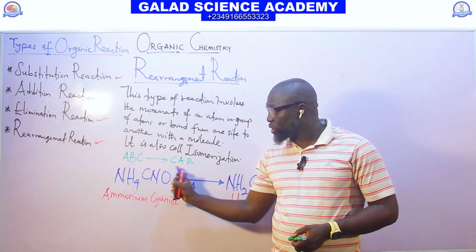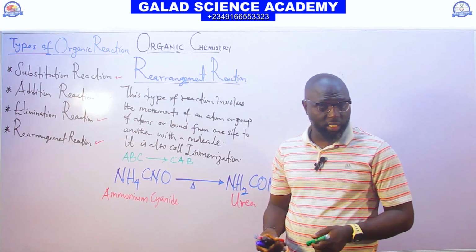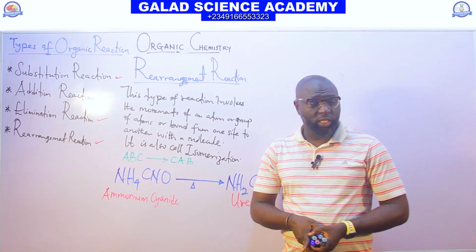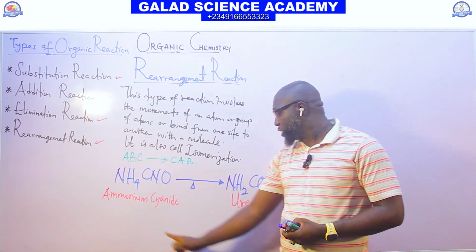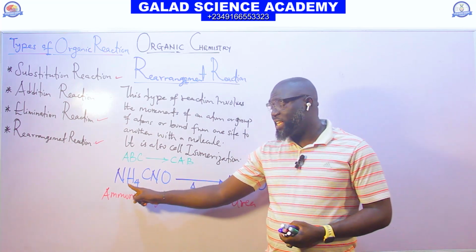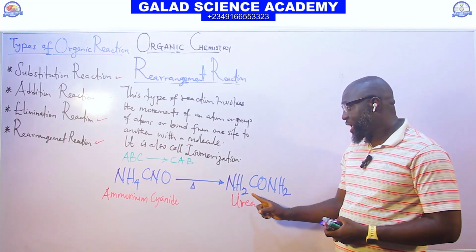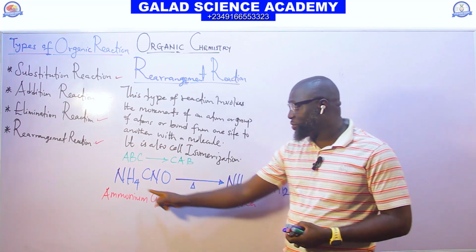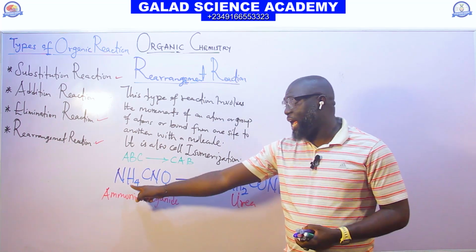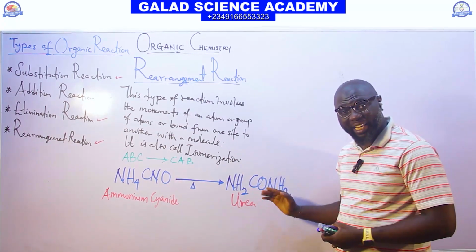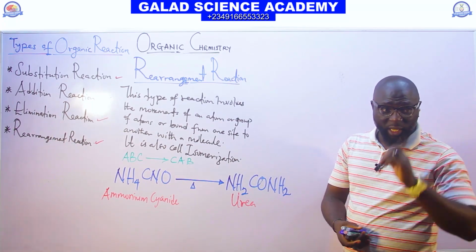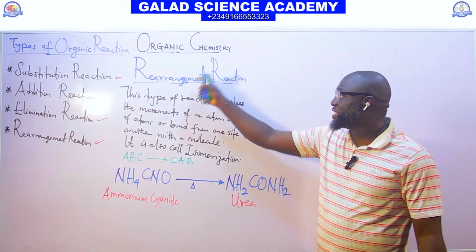The arrangement of the elements is what? Is different. So look at this one now. We have one nitrogen here, one nitrogen here. Four H and two, it's balanced. So just the arrangement of the elements is what we have in rearrangement.